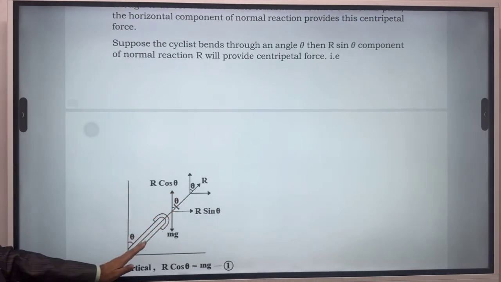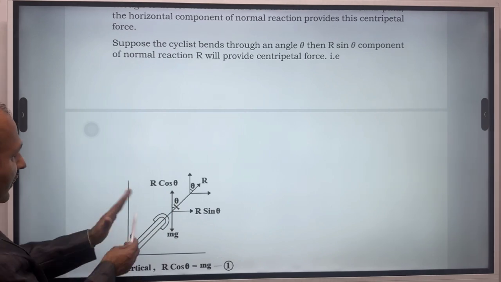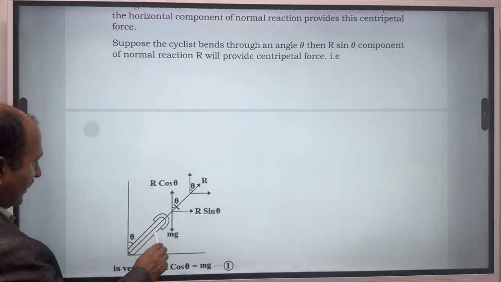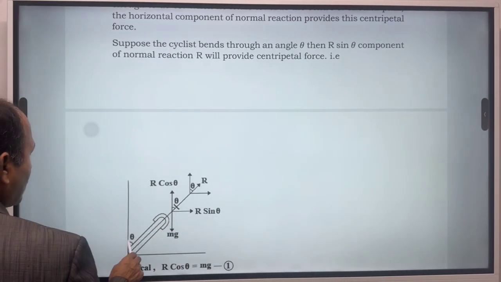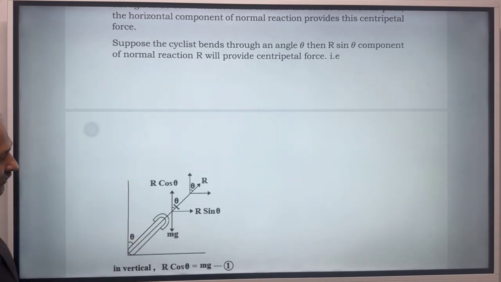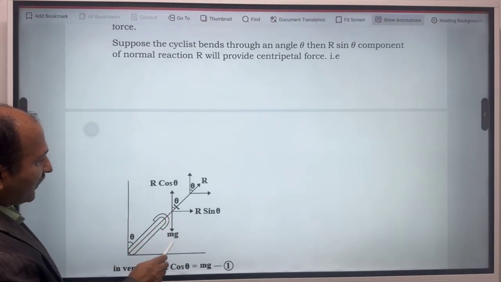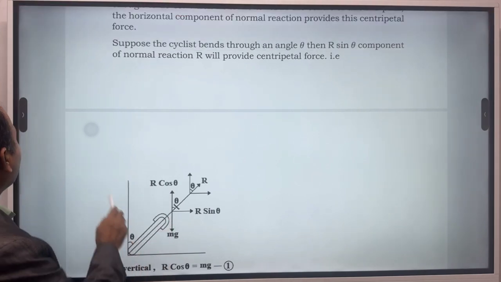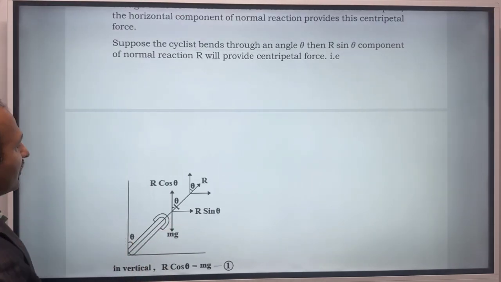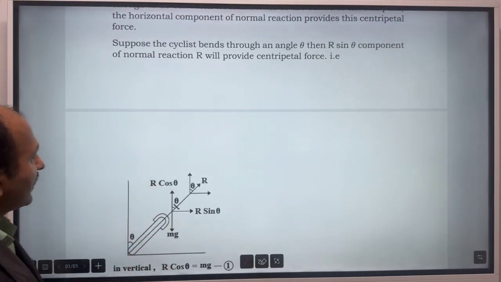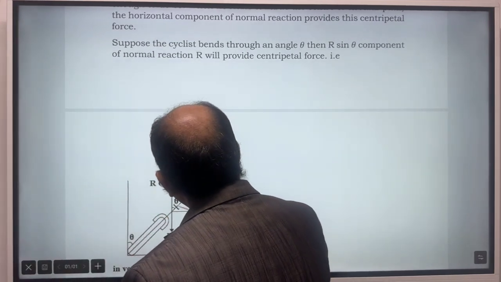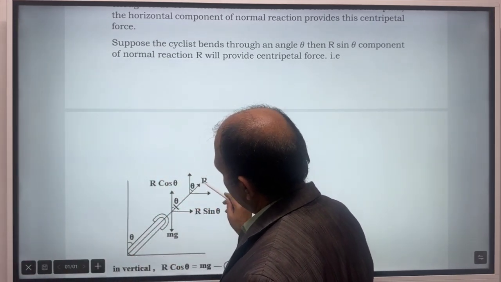Here this is cyclist. He is taking turn. So here bending is shown by angle theta with the vertical. So at this point, if you see, weight mg is acting in downward direction, and component of R is in this direction, normal reaction.